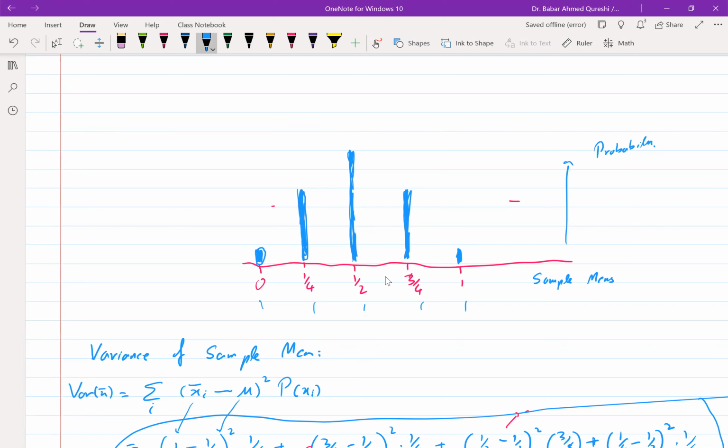If I pick a random sample, what is the probability that the mean of that sample would be 3/4 or half or 1/4 or 0? So that's plotted in this graph. This is called a histogram. But if I try to replace it by a curve, kind of draw a curve through them, it looks like a very interesting kind of curve, kind of a bell shape.